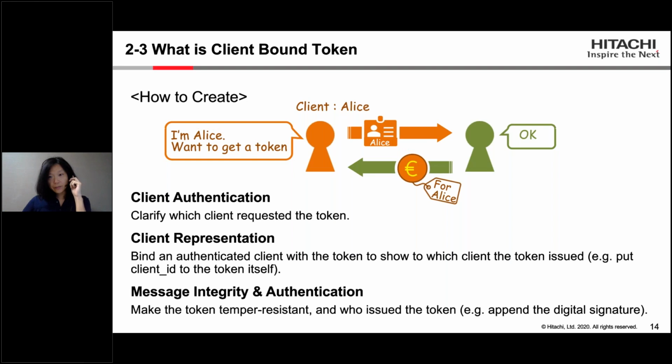Client authentication, to clarify which client requests the token, and client representation, to bind an authenticated OAuth client with the generated token, to show afterwards to which client the issuer of this token issued it. Finally, message integrity and authentication, to make this token tamper resistant so that it can be checked afterwards who issued this token.